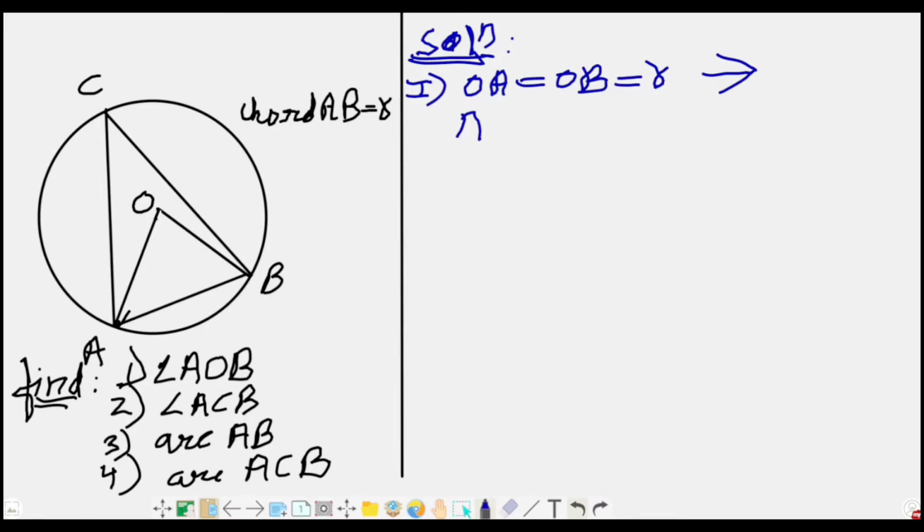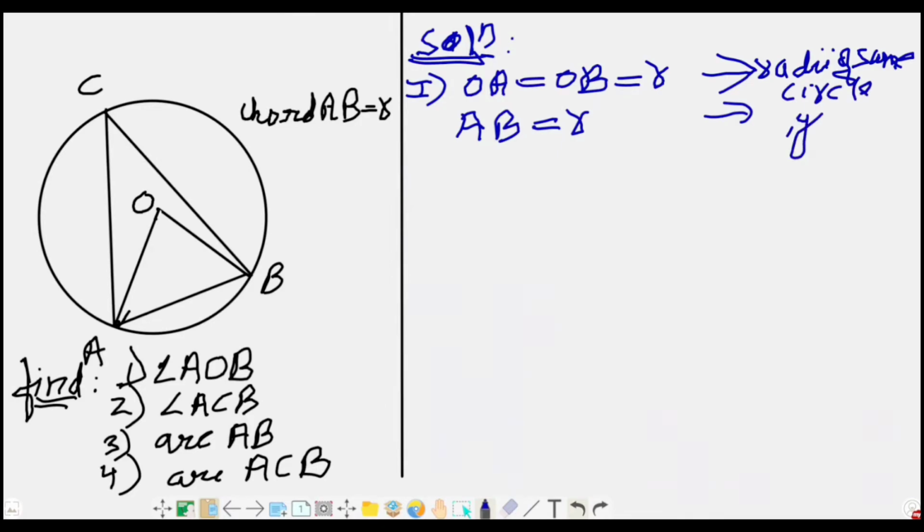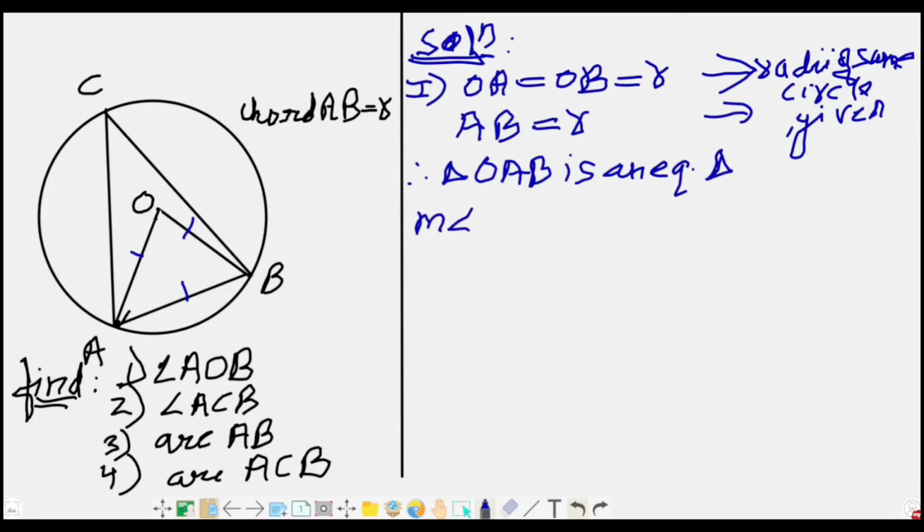Chord AB is given as R. So all these are equal, because all are equal to the radius. So your triangle OAB is an equilateral triangle. So your measure of angle AOB is equal to 60 degrees.